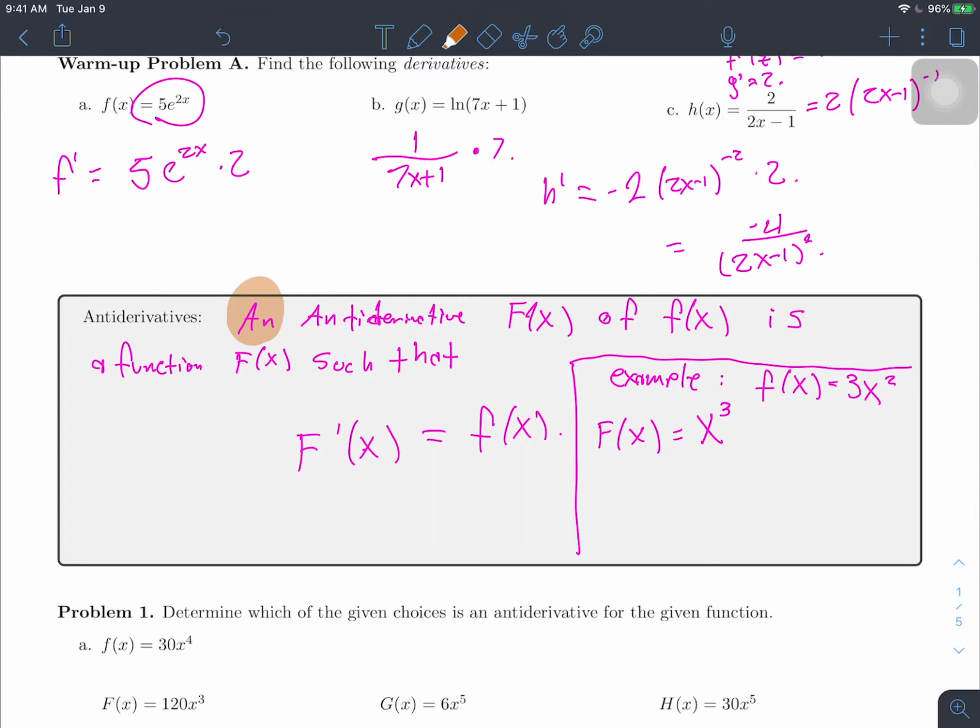What that means is there can be multiple functions, capital F of x, such that their derivative are 3x squared, but these functions, capital F, might not be the same. Let's try to think of a function g of x whose derivative is 3x squared, but the function itself is not x cubed. Can you think of a different function which has the same derivative?